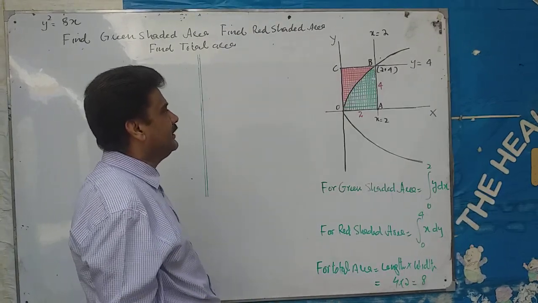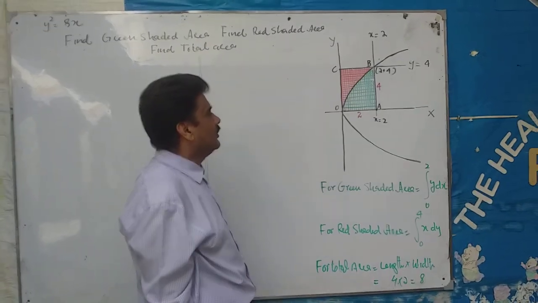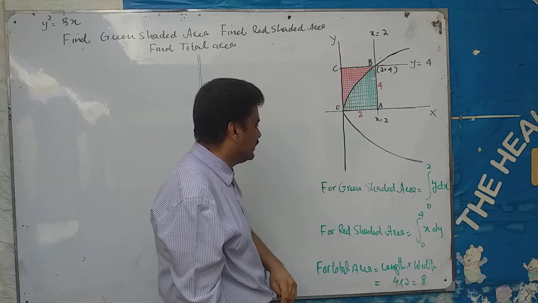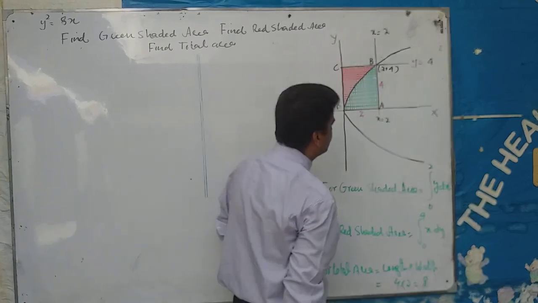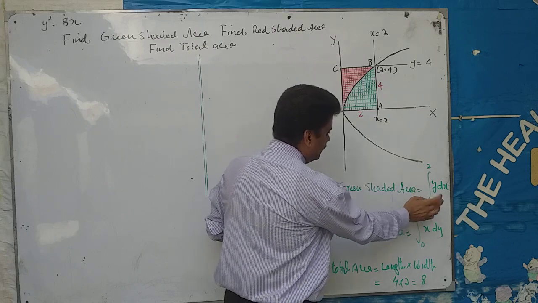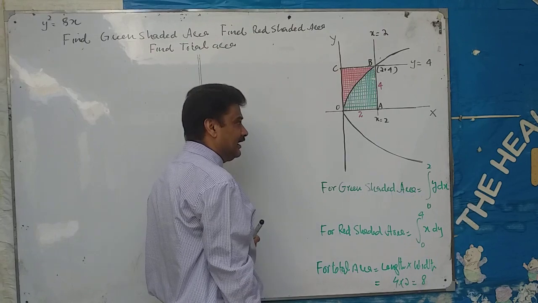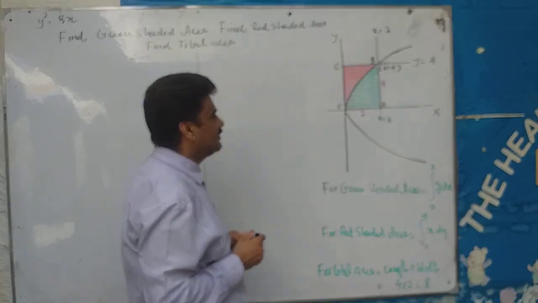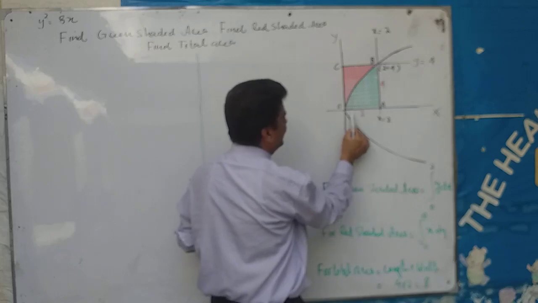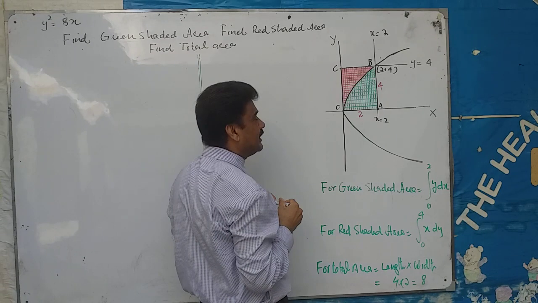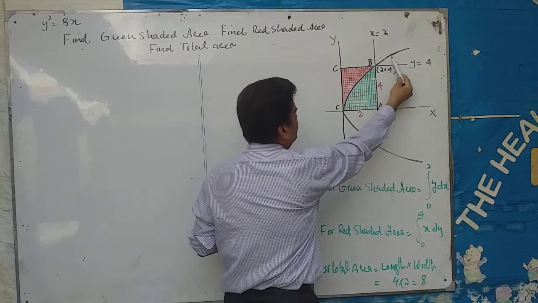First we find the green shaded area. To find the green shaded area, we use the formula integral from 0 to 2 y dx, because the limits of integration we take are from x equal to 0 to x equal to 2. We have to find the area under the curve, the arc of the curve.